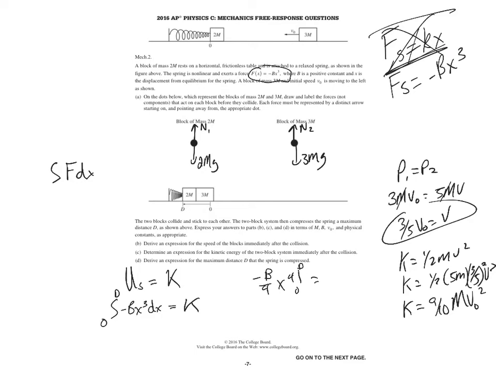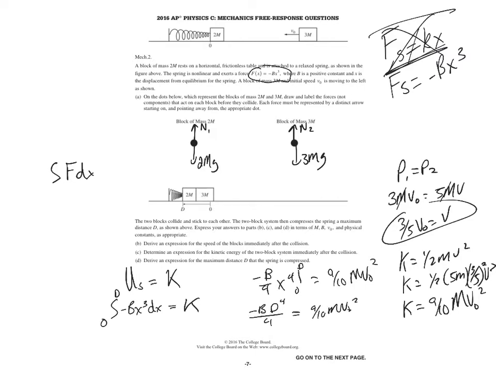is equal to 9/10 m v naught squared. And this ends up being, it's ugly. It is really ugly. So this ends up being negative b d to the 4th over 4 equals 9/10 m v naught squared.